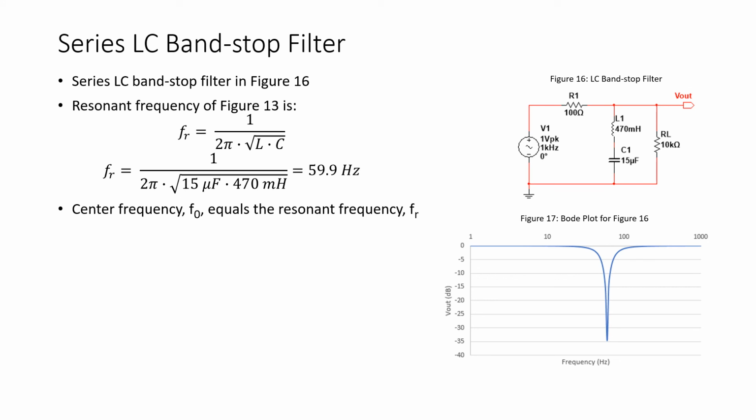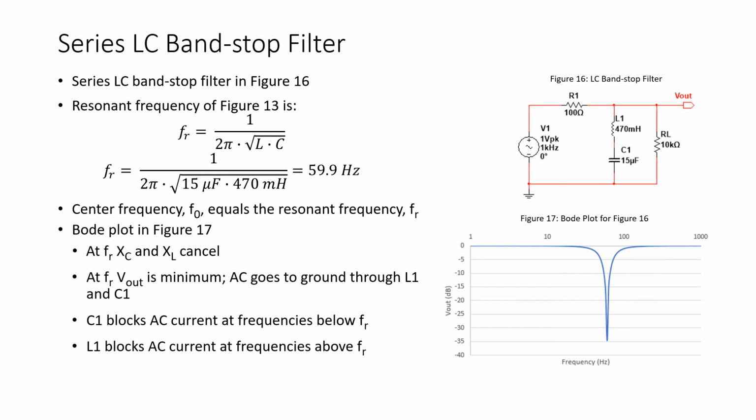Now the resonant frequency of the circuit of figure 16, 1 over 2 pi times the square root of LC, gives us a resonant frequency of 59.9 hertz. And again, for the band stop filter, the center frequency is equal to the resonant frequency.